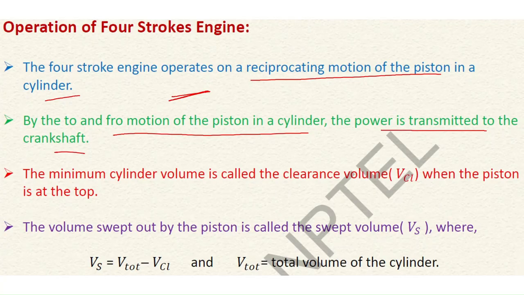The minimum cylinder volume is called the clearance volume. When the piston is at the top, some amount of volume is left, which is called the clearance volume. The amount of volume which the piston has swept is called the swept volume. You will see this visually more clearly in the further slides. So this swept volume is the total volume minus the clearance volume.